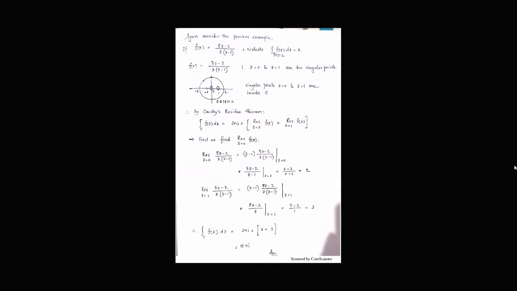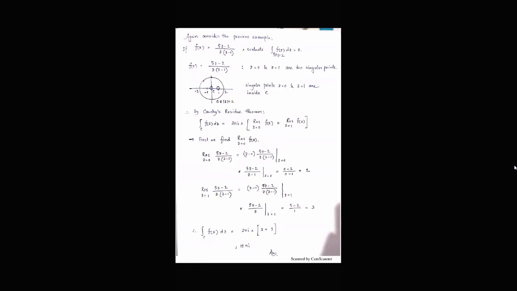Sir, analytic means that it is not defined, right? No, analytic means it is not differentiable at that point, and in any neighborhood around that point it is not differentiable. For example, suppose you have 1 by (z minus 1). At z equal to 1, the value of 1 by (z minus 1) goes to infinity.